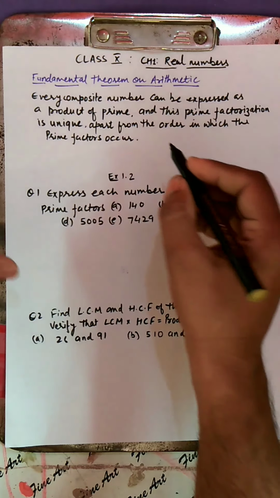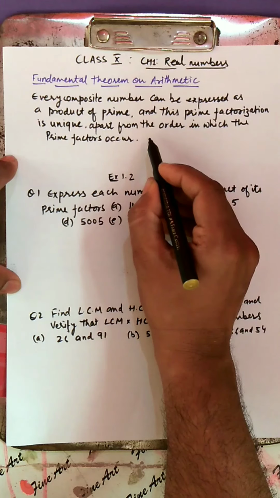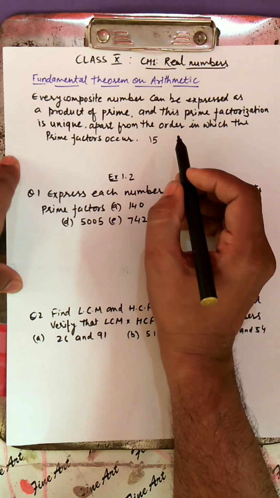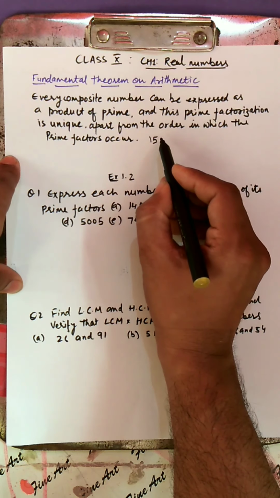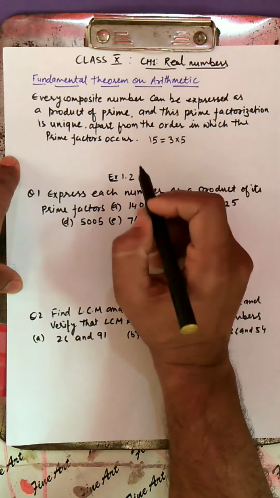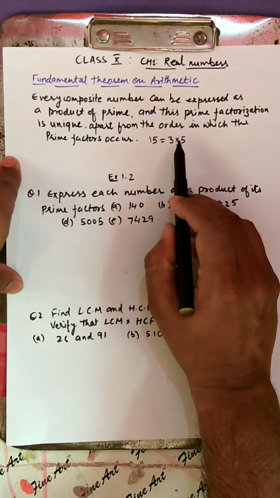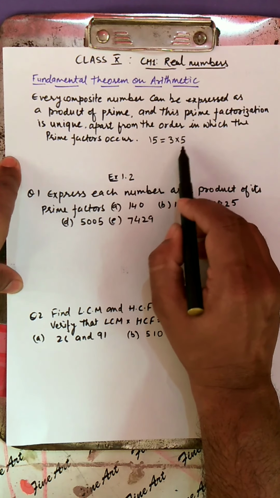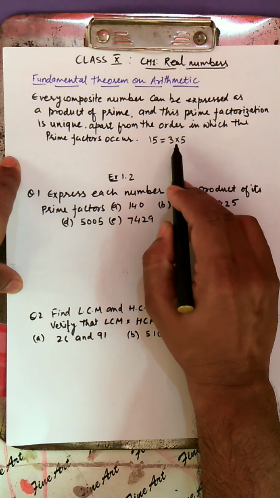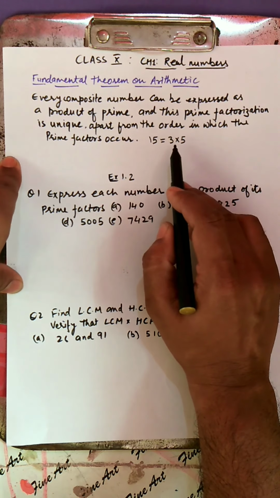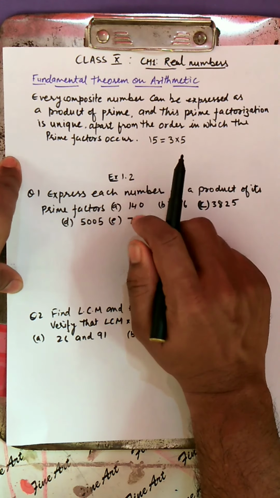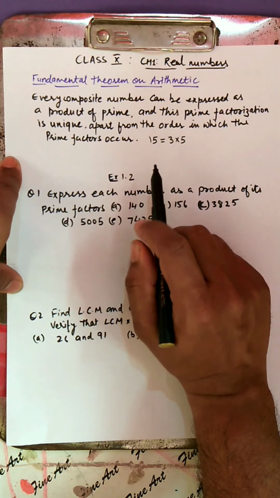Now we can explain this simply with the help of an example. 15 is a composite number, so it can be written as 3 into 5. This 3 into 5 is called the prime factorization, and this prime factorization is unique, meaning you cannot find factors of 15 other than 3 and 5, and the factors must be prime also.